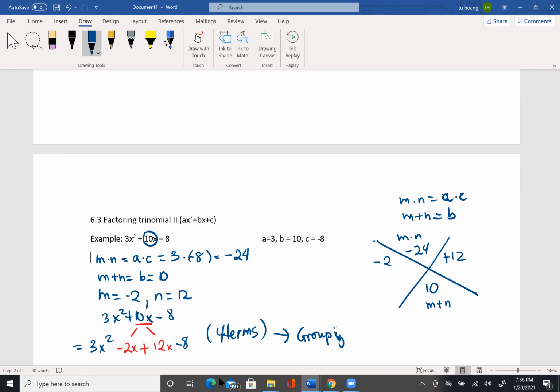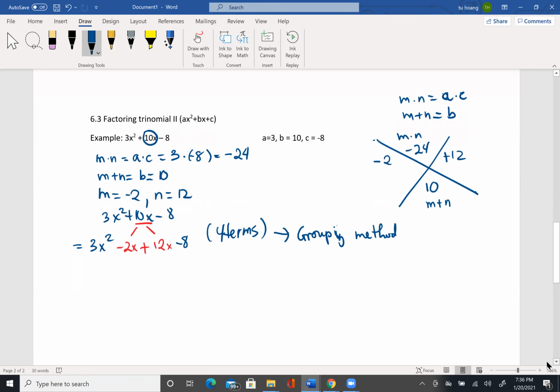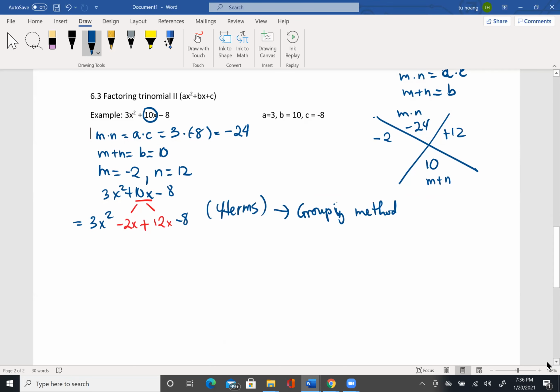Let me move down here a little bit. What you're going to do now is factor by two terms. For the first 2 terms, let me try one time for you to remember. The first one is 3x squared. The second one is negative 2x.